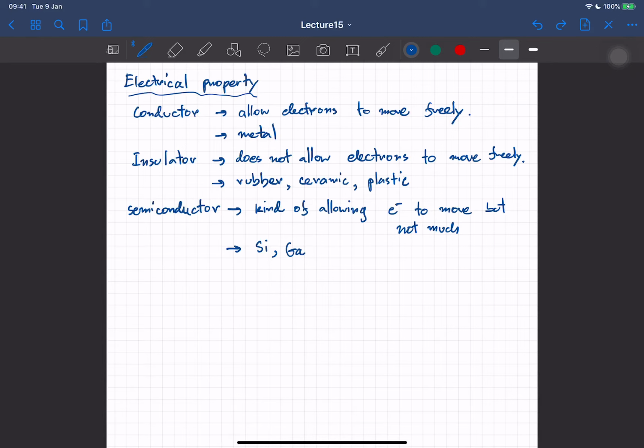But for a semiconductor, it's already moving a little bit. It's like when you wake up in the morning from the bed, you're almost getting up already, so it's easier to kick yourself off the bed that way. Something similar here: in a semiconductor, the electron is almost free. It's moving already, but not much. So it's easier to push it to move a little bit faster, and also easier to slow it down a little bit. This control allows us to make various kinds of devices based on semiconductors.